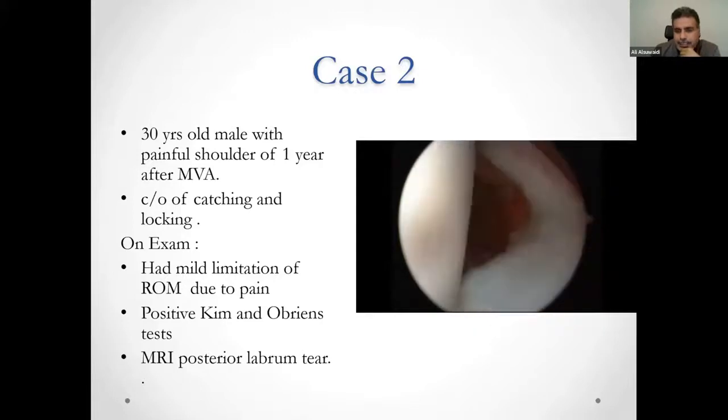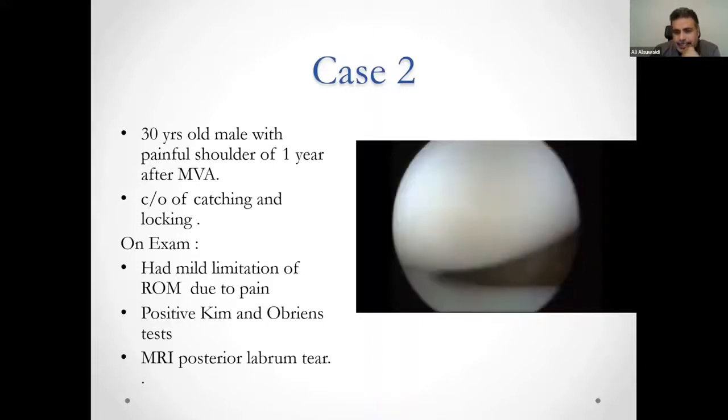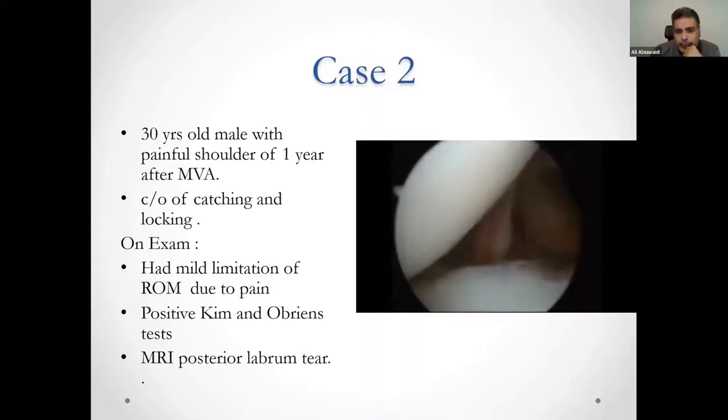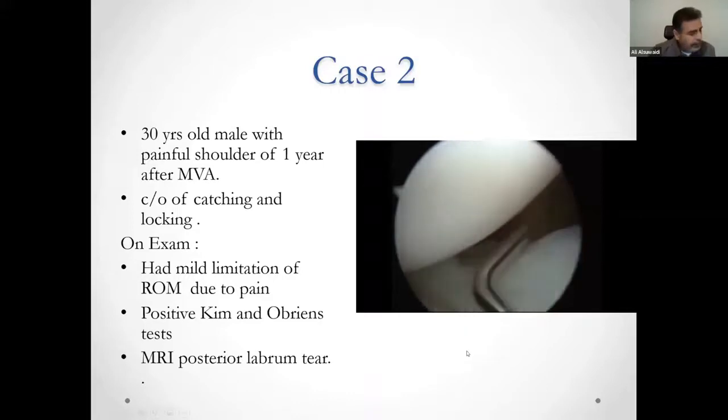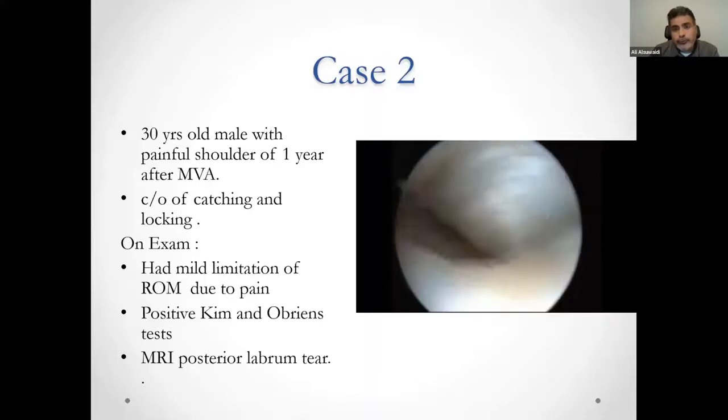You cannot repair that, you cannot push it back to the posterior labrum to fix it like a meniscus. I think this has to go, and basically I decided to remove this.